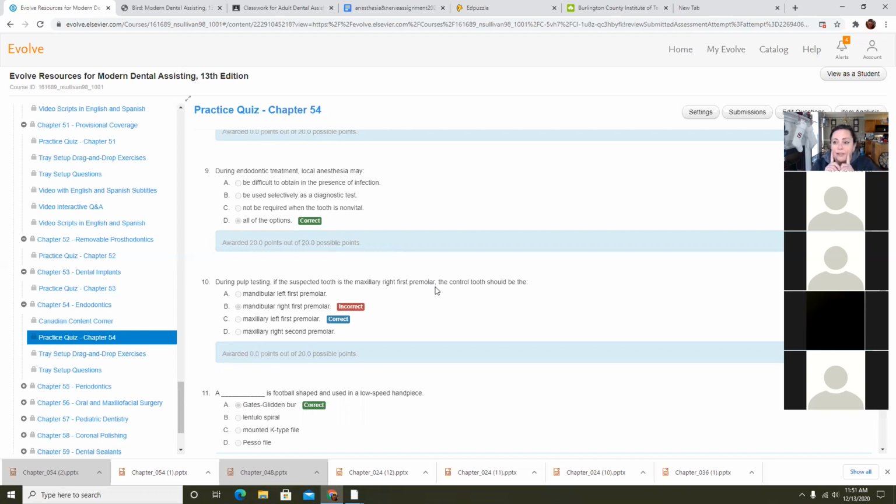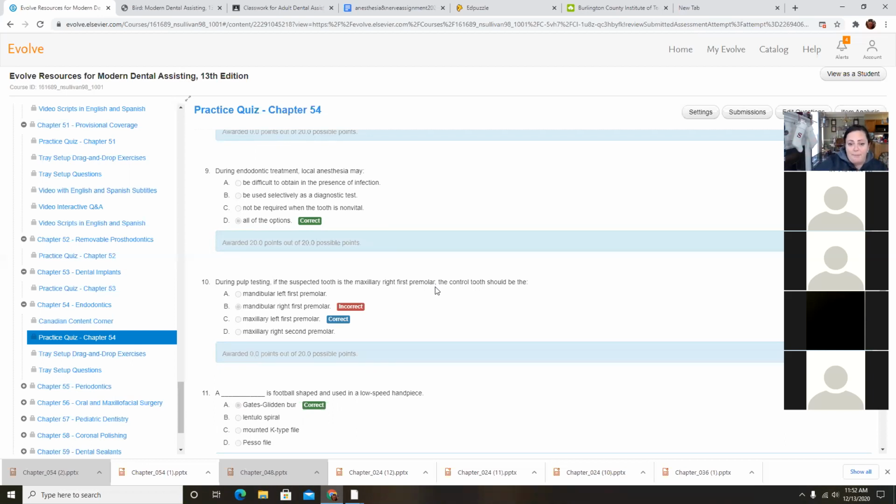Because these two teeth are exactly the same, just on opposite sides of the mouth. They're both maxillary. They're both first premolars. They both have two roots. They're the only two teeth in the mouth that act exactly like each other. Okay.